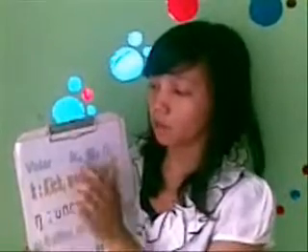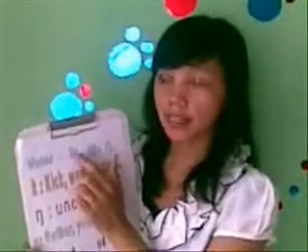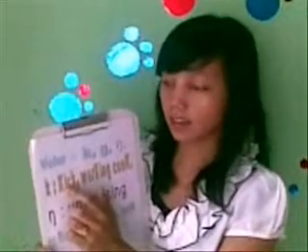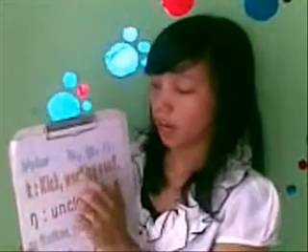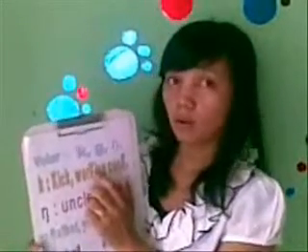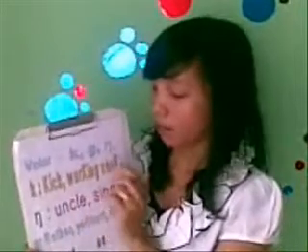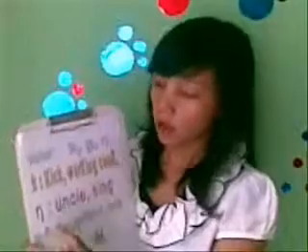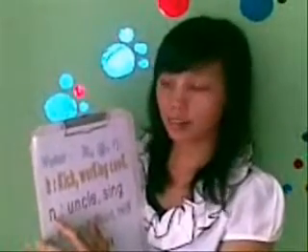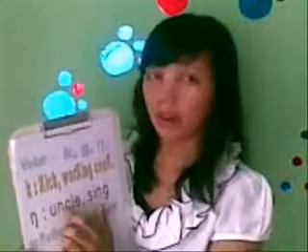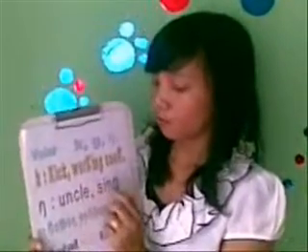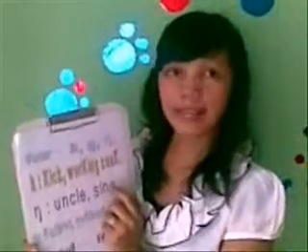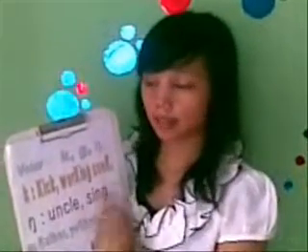For example of the k is cake, and for this one is rocking, and for this one is cook. And the next, for example, uncle, and the next is sink.